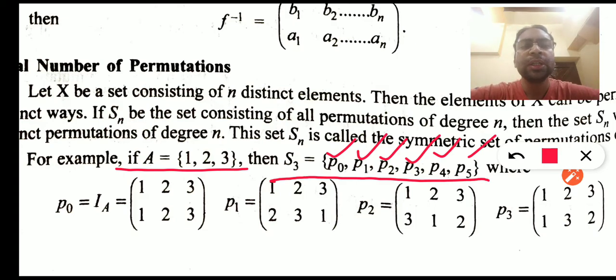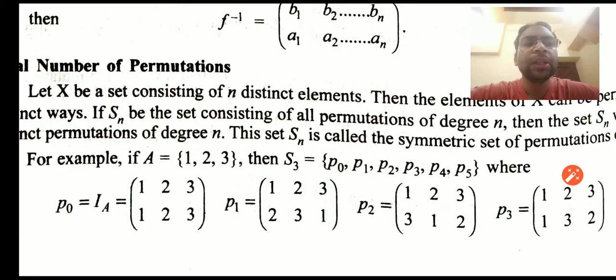The collection of all these 6 distinct permutations is denoted by S3. For example, this is P0, which is an identity also. This is P1, where we have permuted, and P3, we have different options. In this way we can have different permutations which are all based on the set A.